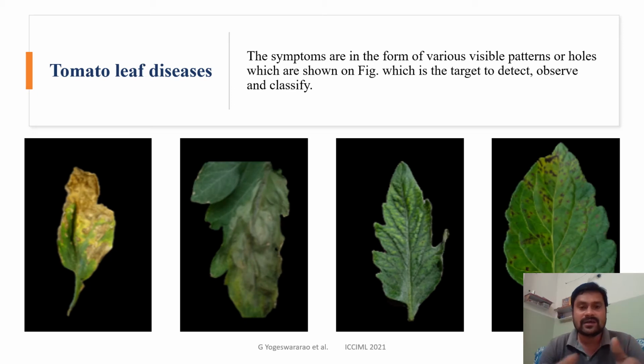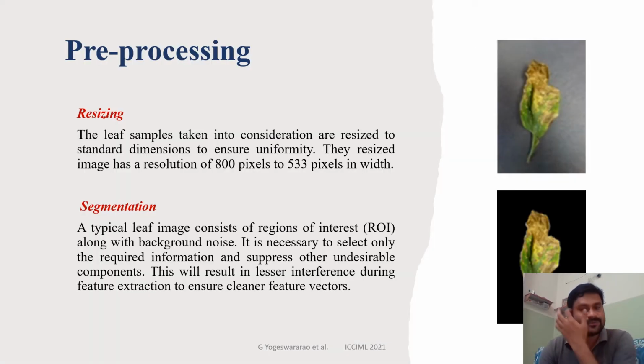In this concept we considered four diseases, along with healthy, a total of five classes of tomato leaf. In the pre-processing step we used resizing to maintain uniformity of the entire database, so we maintained a size of 800 by 533 pixels.